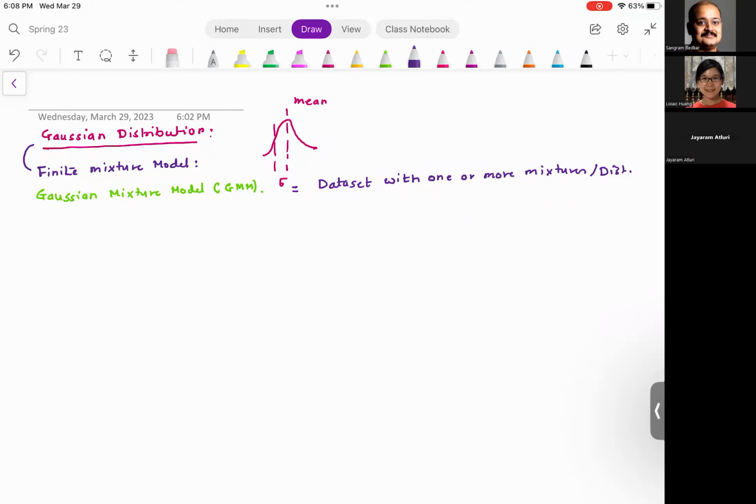So what this algorithm does is it computes maximum likelihood.